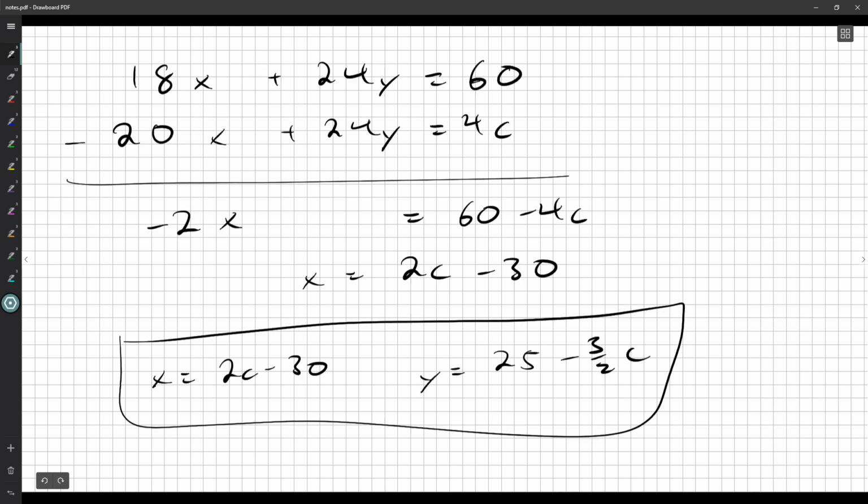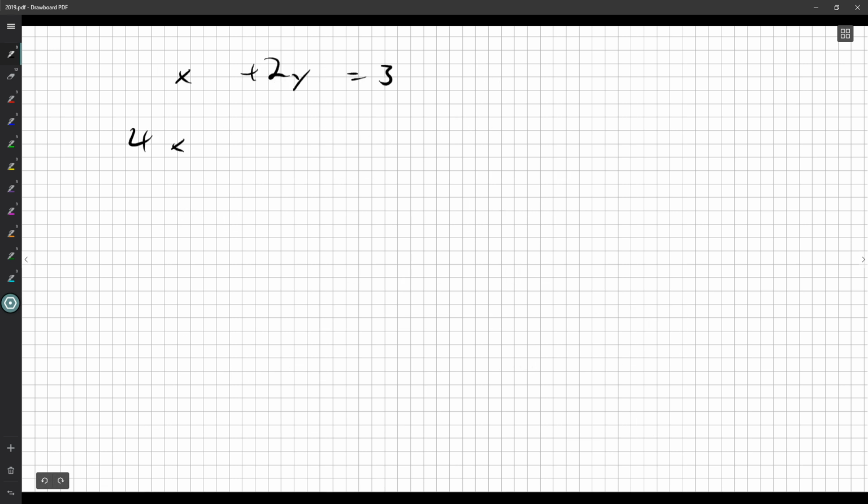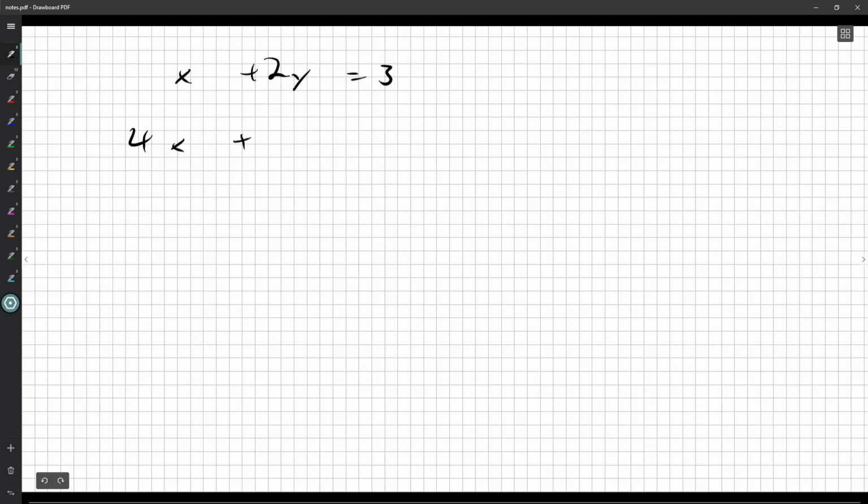So, what can we do? Well, we've got x plus 2y equals 3, and then 4x plus dy equals 6. Multiply the first equation by 4, you'll get 4x plus 8y equals 12.